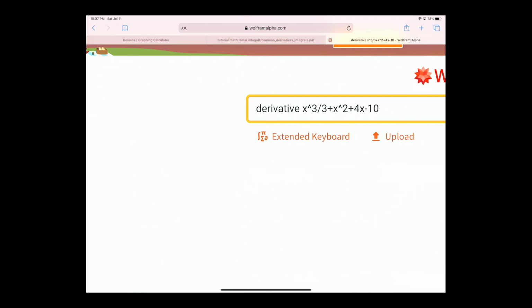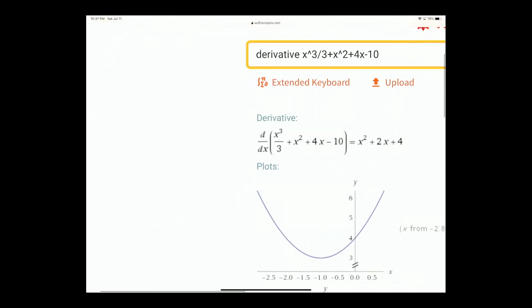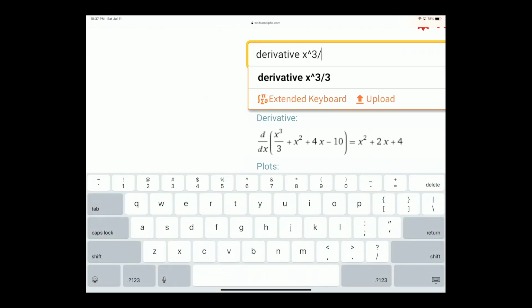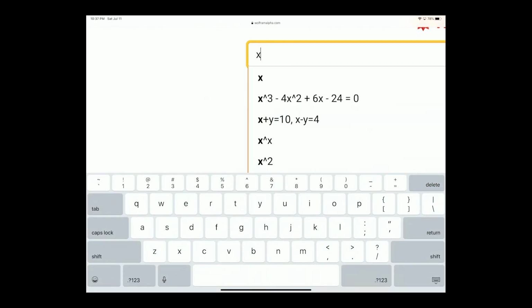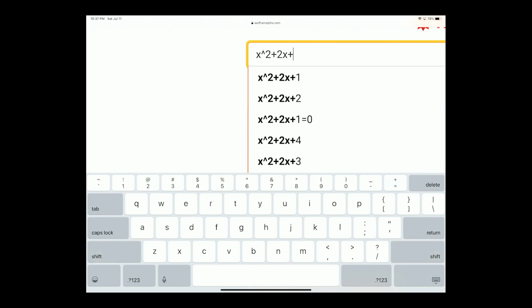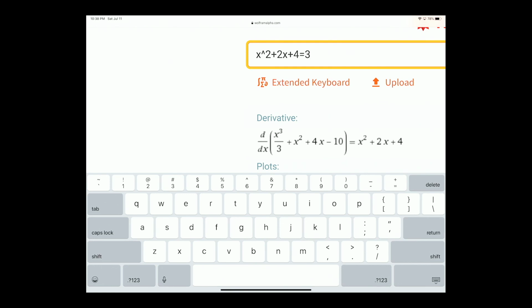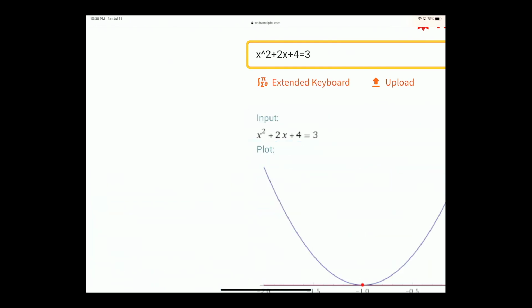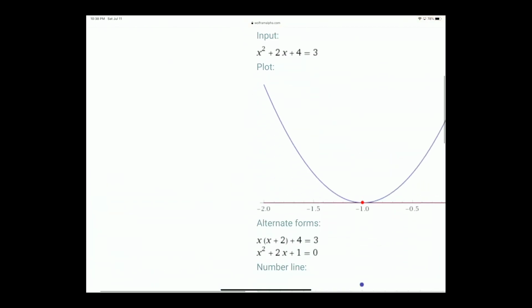Right? So our derivative is going to be x squared plus 2x plus 4. And then we want that to be equal to 3. Why did I only get one solution? They only have one solution.